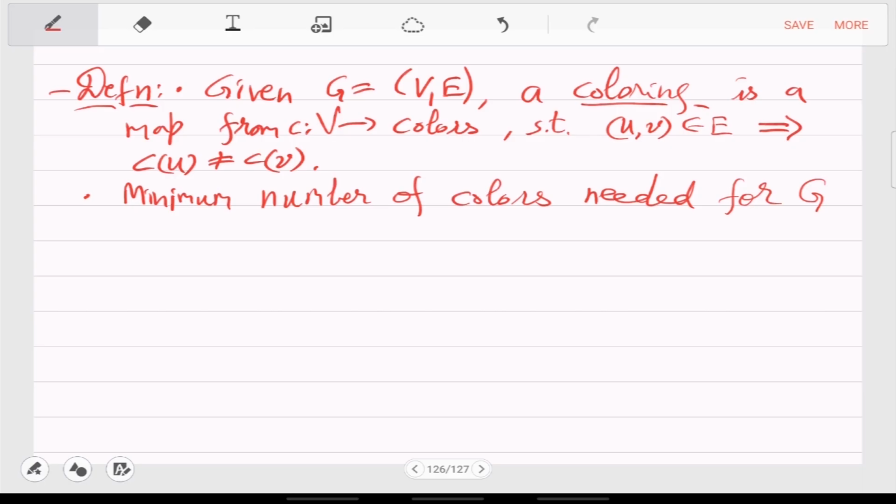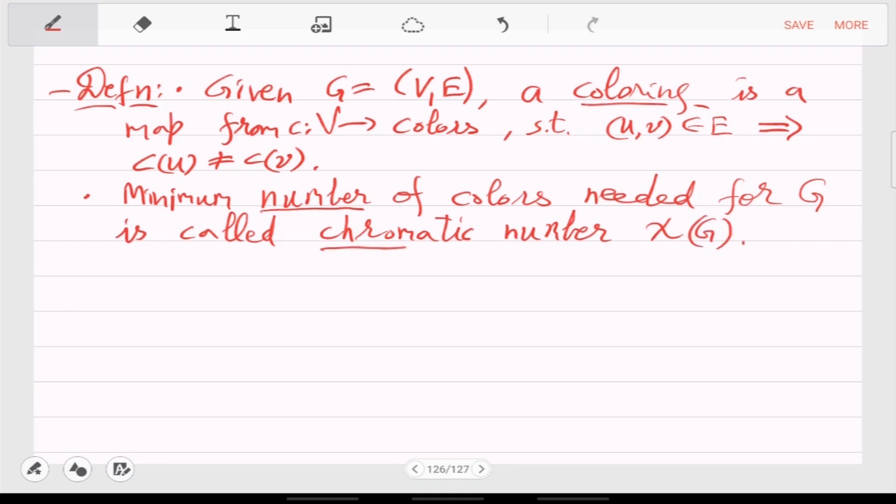So the minimum number will always be less than or equal to N. Is there an example where it is N? Complete graph, right? In a complete graph it is N, so it can be anything between N and 1. So this number will be unique, and this is called the chromatic number, chi of G. Right, this is a number between 1 and N.